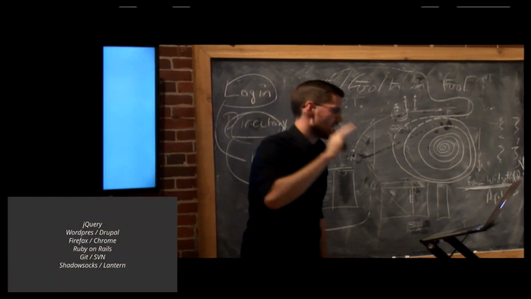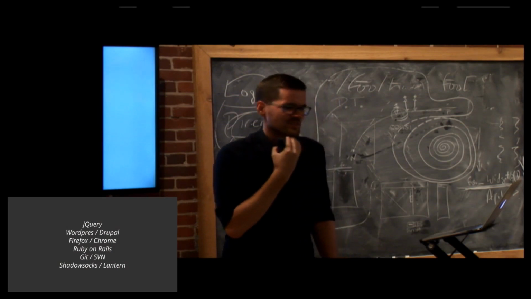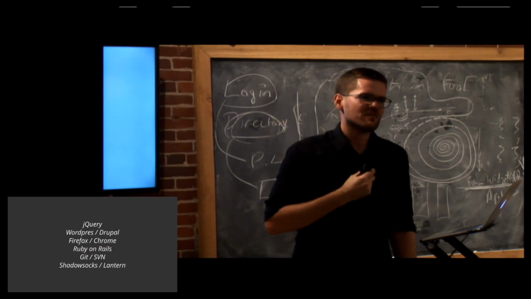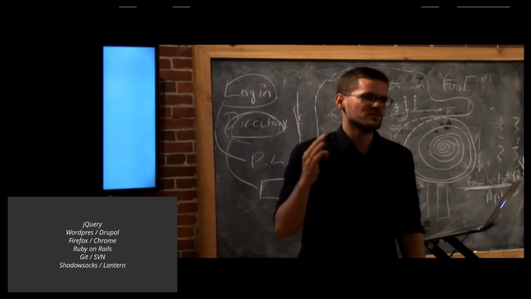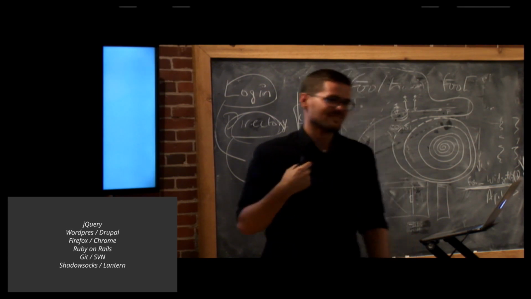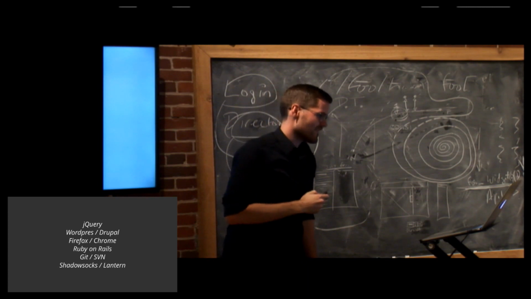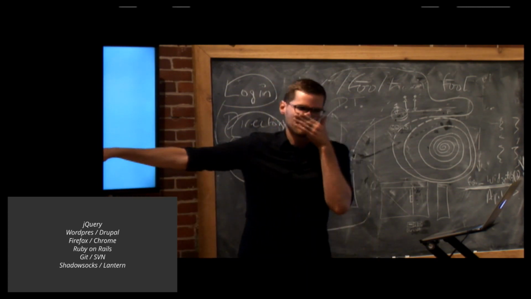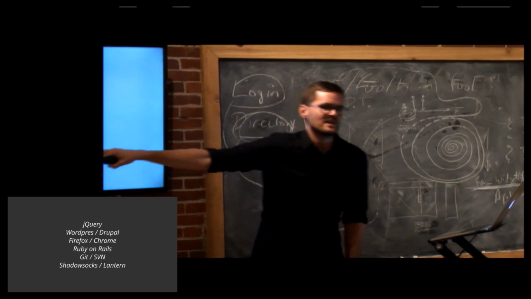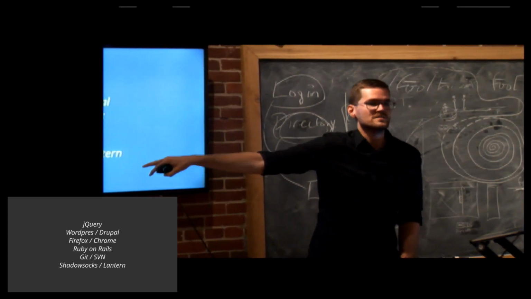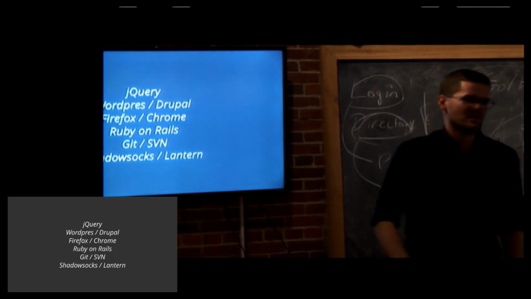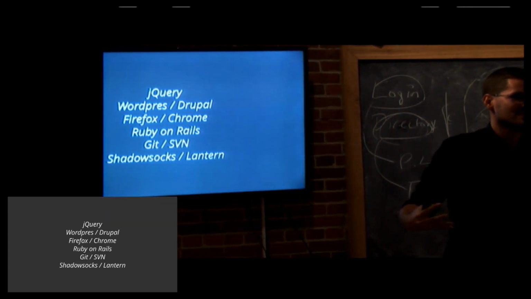I saw some stat when I was doing some research. I think something like 70% of the top 10,000 trafficked websites in the world use jQuery, right? It's amazing. And these last two are interesting. These are actually VPNs that people in countries like China and Iran can use to get around their country's firewalls to access information.